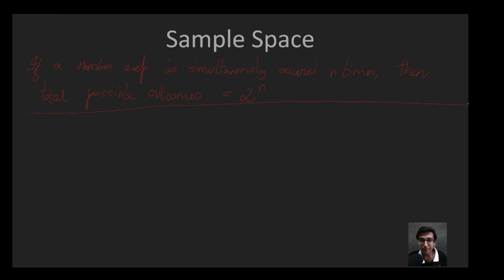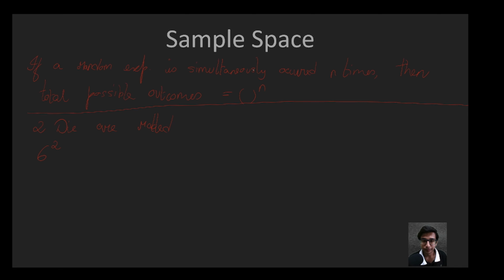So let me take one more example. What if I say two dice are rolled, again simultaneously? What can be my total number of possible outcomes? It would be 6 squared. Now, when I wrote 2 here, this is actually not 2.